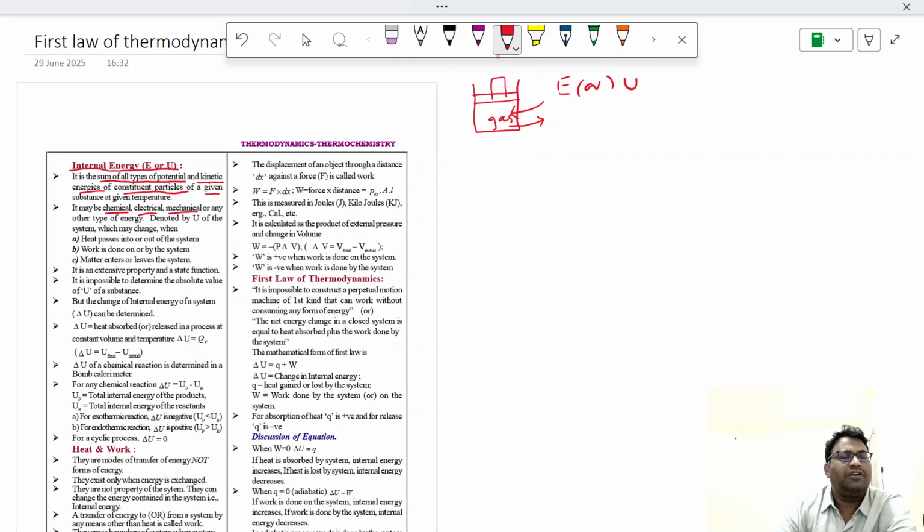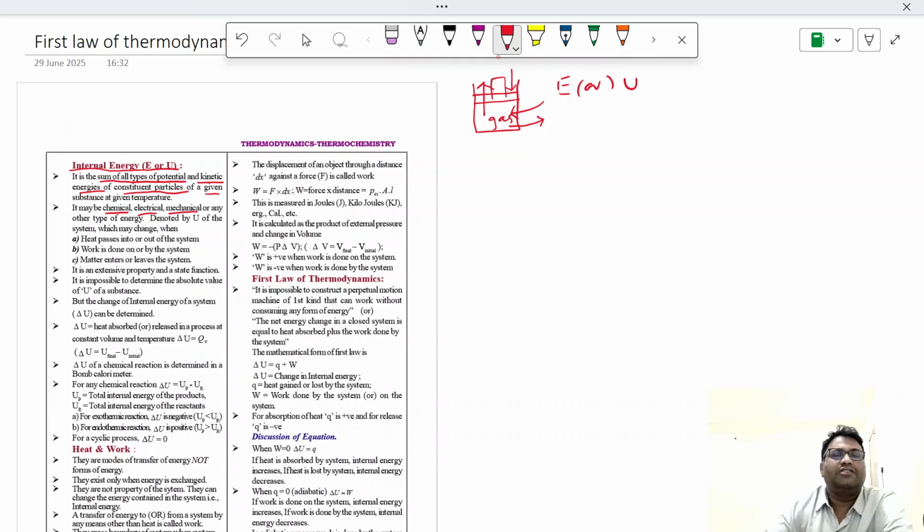Work done on or by the system: if the gas pushes the piston up, then we say that work is done by the system, by the gas. Or when the external pressure is more and the piston is pushed inside, that means a decrease in volume, then also internal energy can change. That depends upon the conditions.